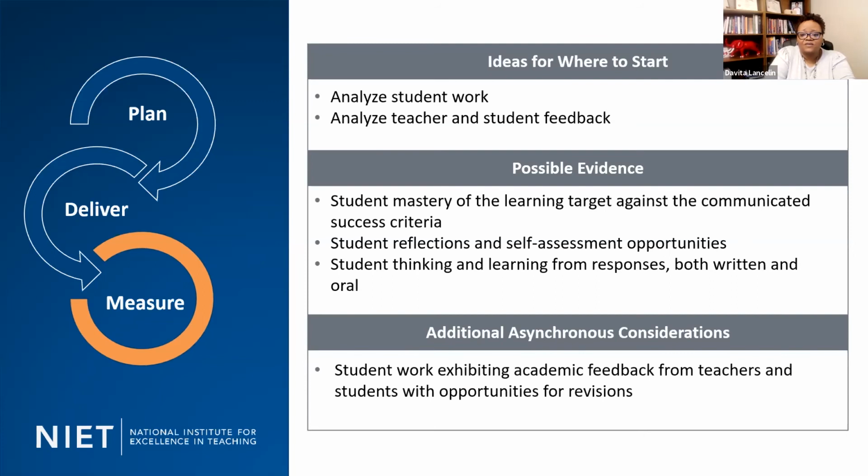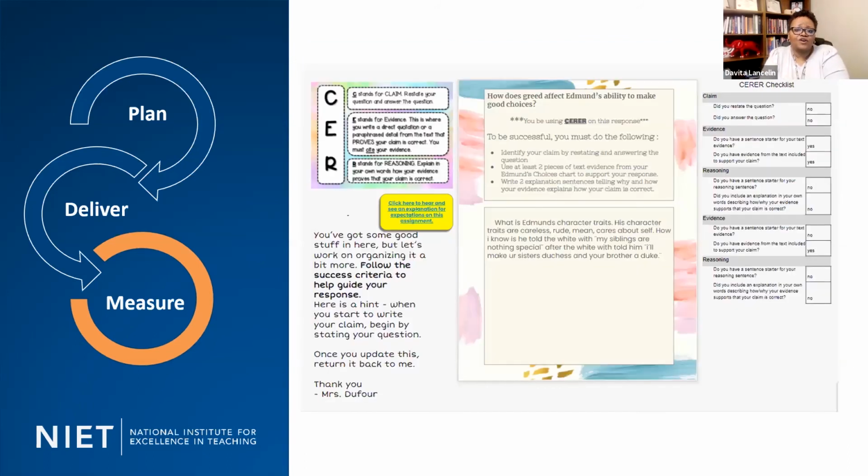An additional asynchronous consideration might be evidence of student work that's exhibiting academic feedback from both the teachers and the students, and also giving those opportunities for revision. An example could be for their exit ticket, students individually responded to a prompt and they identified the success criteria and anchor chart to help actually self-assess their writing prior to submitting their assignment.